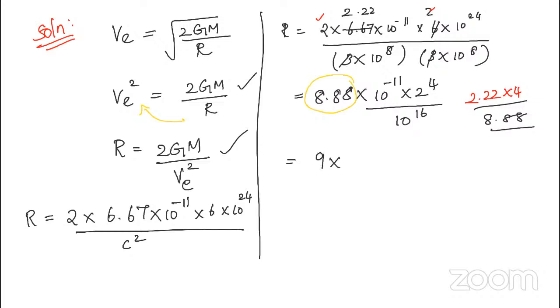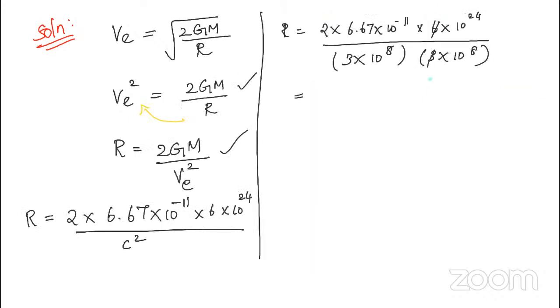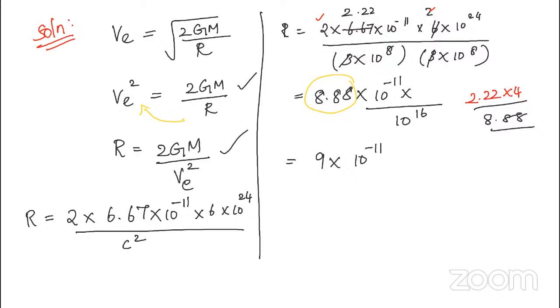So 9 into 10 power minus 11, into 10 power 24, into, we just bring it, 10 power 8.